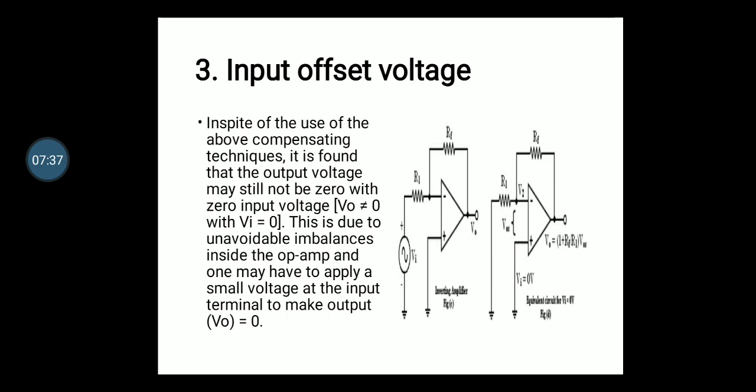It is denoted as VOS. Since the positive terminal is at ground, Vi is equal to 0 volt. Next, the voltage at V2 at the input terminal is given by R1 divided by R1 plus RF into V0. Next, VOS is equal to 0 minus V2, which is equal to V2.